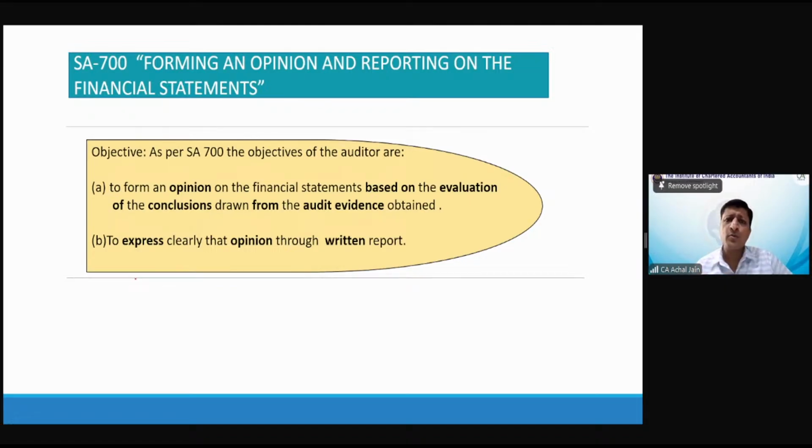We'll talk about all of those requirements as we move further in our subsequent discussions on all of these auditing standards in greater detail. Now, as regards this SA 700, you can say the auditing standard which is about forming an opinion, which talks about the audit report, the format, and the content which has to be there in the audit report.